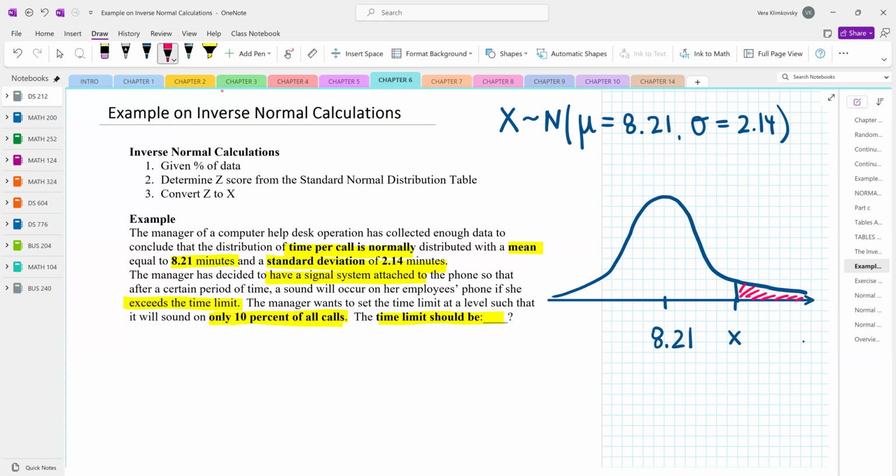This right tail of the distribution represents 10% of the data, and x is not known. So this tells you that there is 90% of the distribution below the unknown x value. We're going to rely on this value, 90%, to look up the z-score in the table. Let's go ahead and do this.